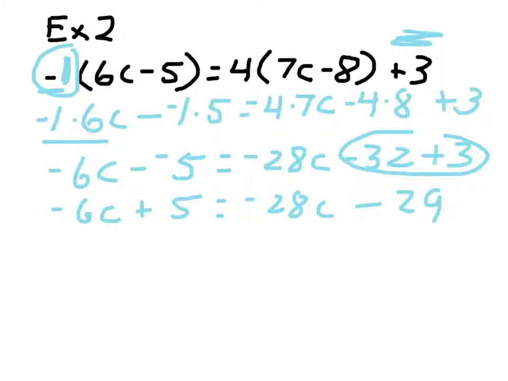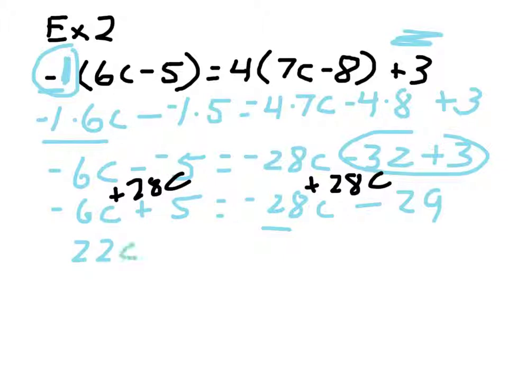Now pick on the small one. A negative 28 is smaller than a negative 6. What can I add or subtract to a negative 28 to cancel it? Add 28c. What I end up with is a negative 6 plus 28, a positive 22c plus 5 equals negative 29.